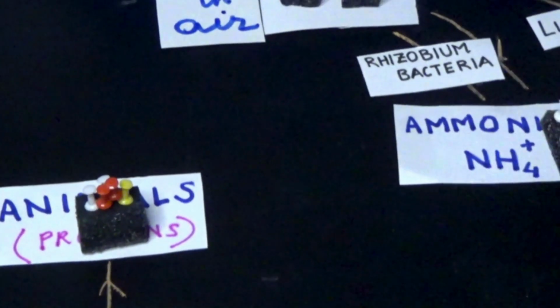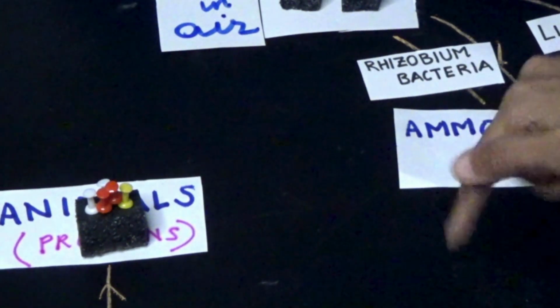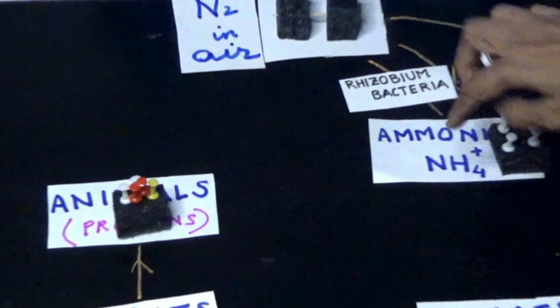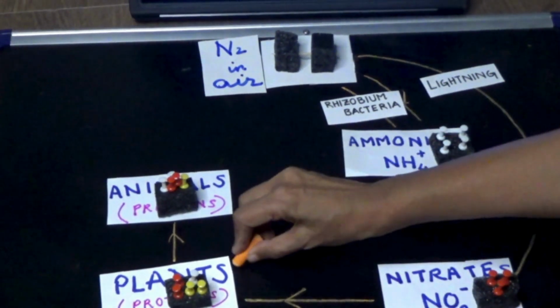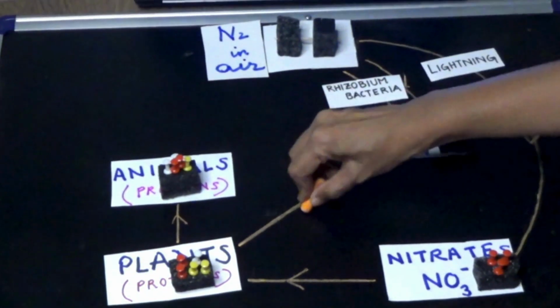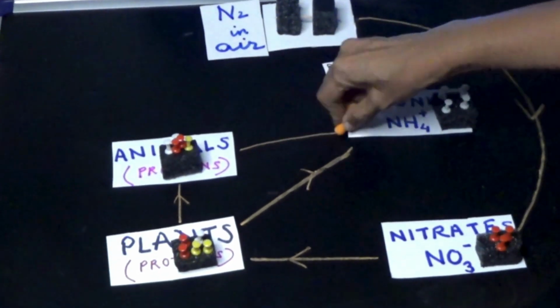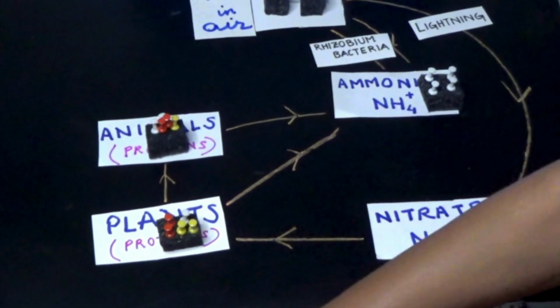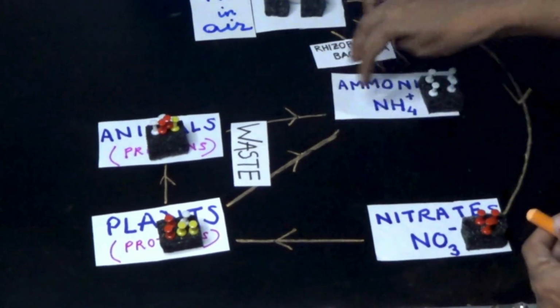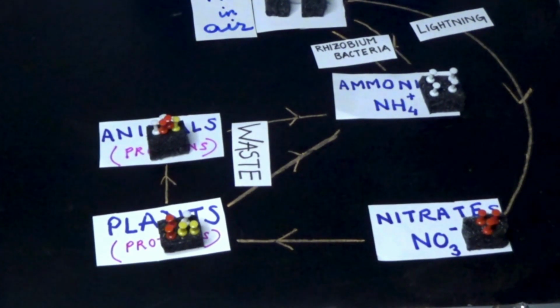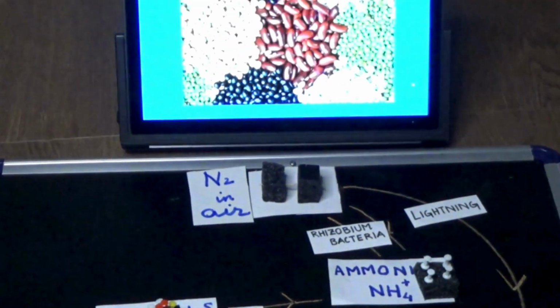There is another way ammonium ions reach the soil, and that is from plant and animal bodies themselves through their wastes. Plants drop their leaves and dead parts, same as animals. Animals give off urine and they give dung.